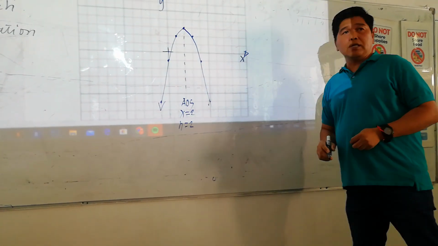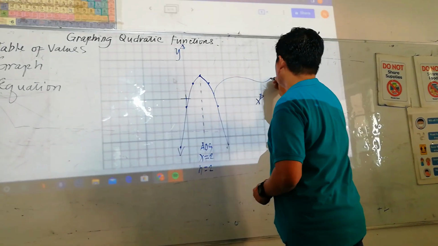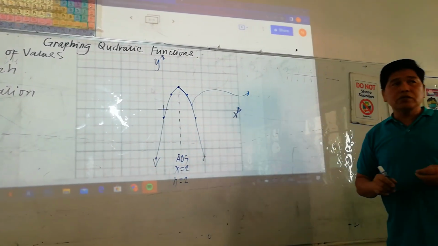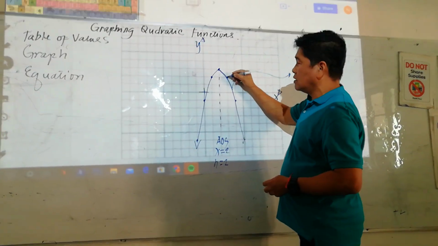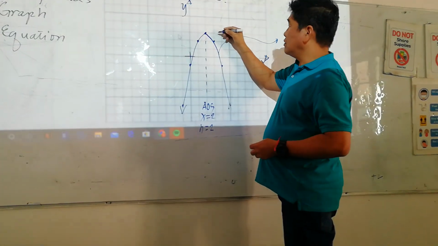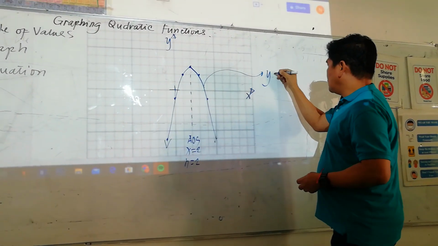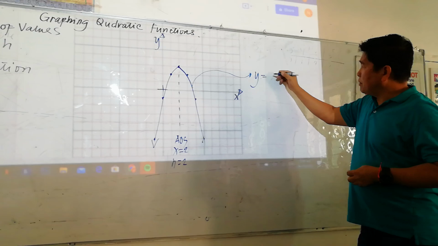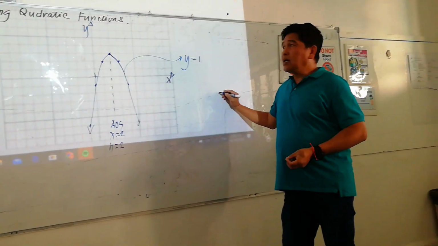Okay, so this is now the graph of the parabola whose equation is, you must know how to name the equation of the parabola. Since we go down by 1 here, 1 for x, then 1 for y, then your value of a is also equal to 1. That's automatic.